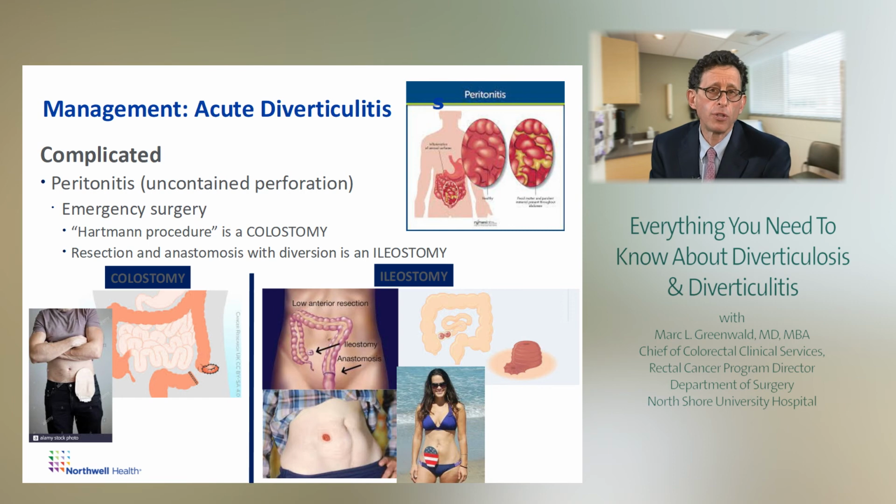So these are the two options. Most often, this colostomy is done. That's also called a Hartmann procedure. You see that on the slide. This other option is done less frequently because people need to be in relatively good shape for that to happen. But these are the two things that can be done in an emergency situation.